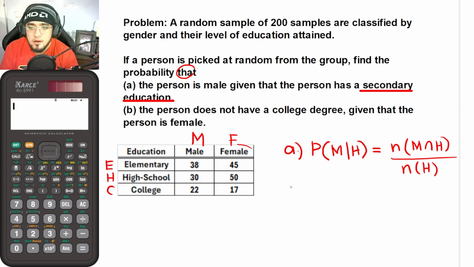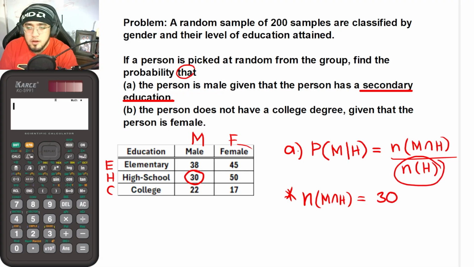So from that, what is now the intersection of male high school graduates? So how many male high school graduates are there? We have 30. So this is the intersection between M and H. So from that, this is 30.